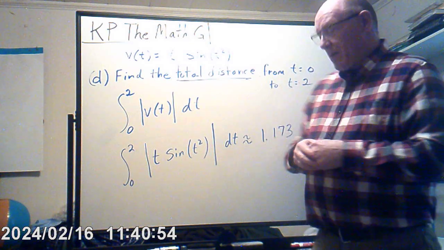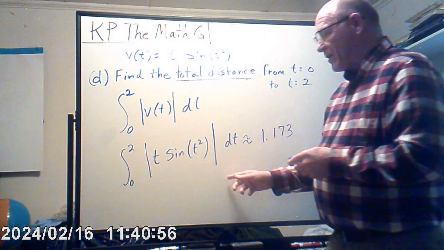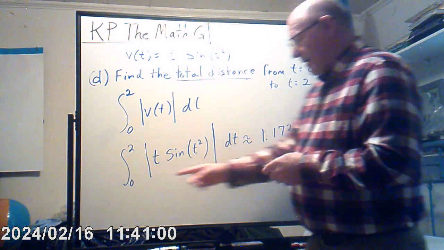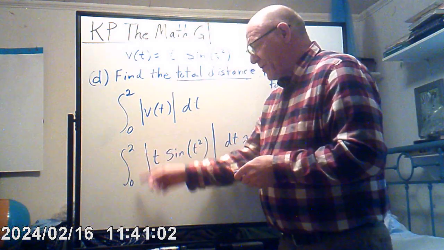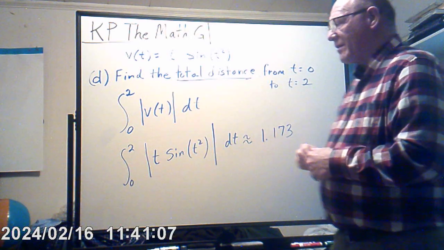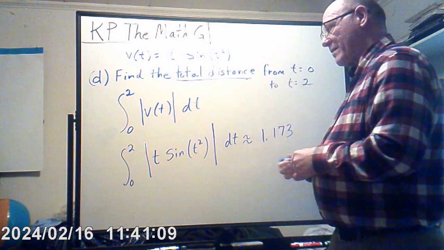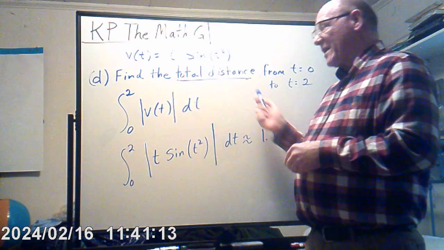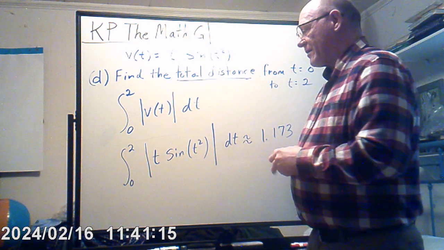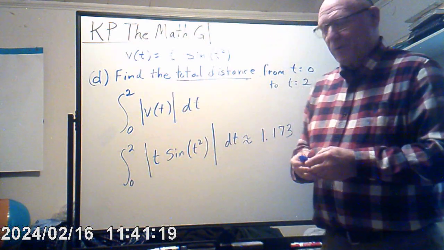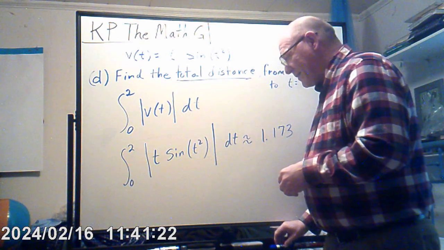Mine shows the absolute value bars. I can put that inside there, make this go from 0 to 2, and come up with my answer. Very simple. Think about total distance: absolute value of velocity. It's going to give you the total distance from time t equals 0 to time t equals 2.